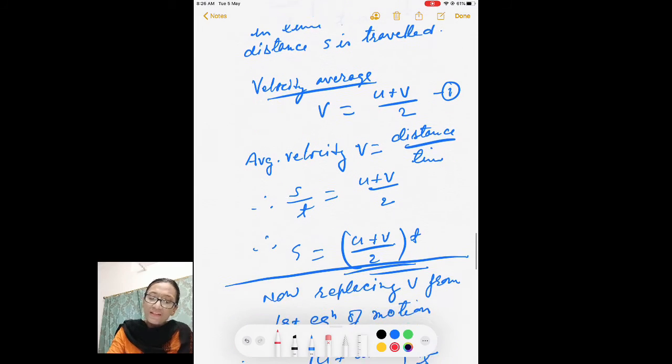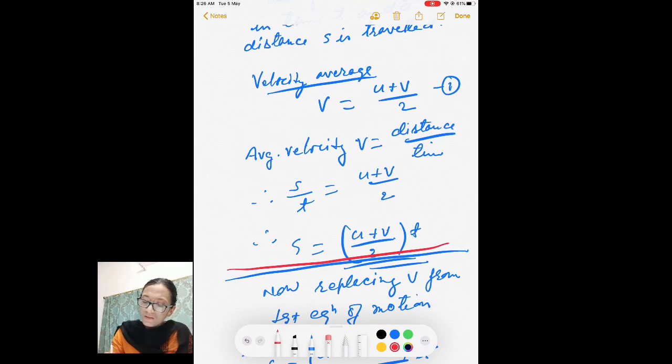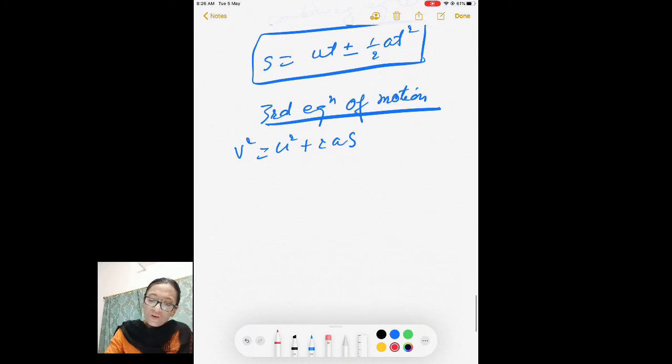In the same way, you will be doing up to here. You will repeat all these things, and therefore you obtain that average velocity u plus v by 2 is equal to s by t.